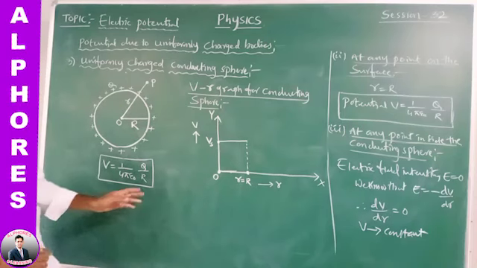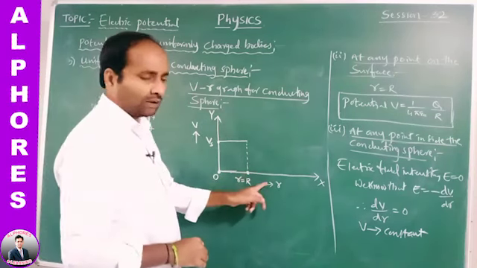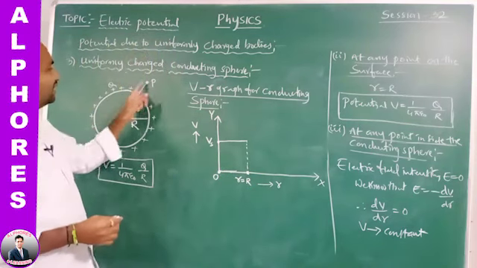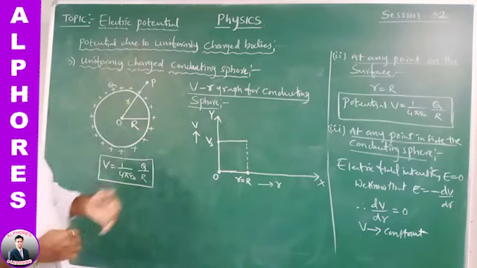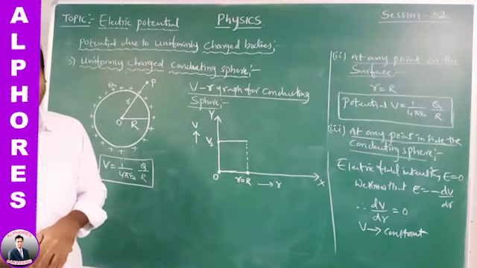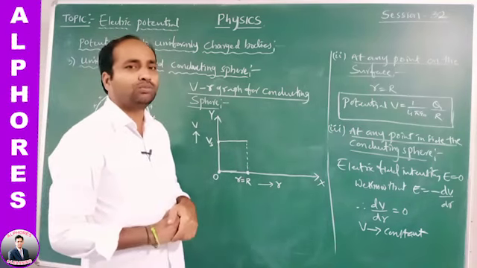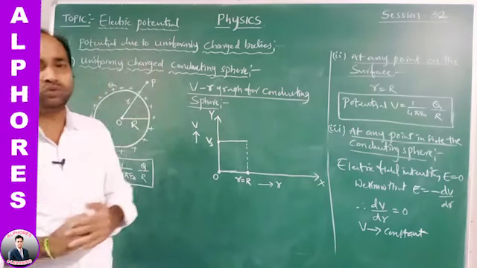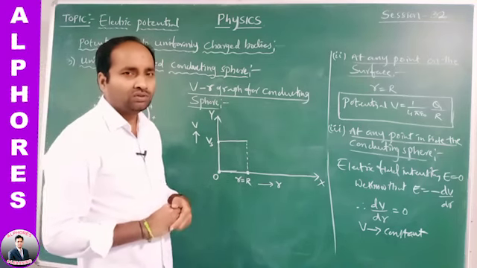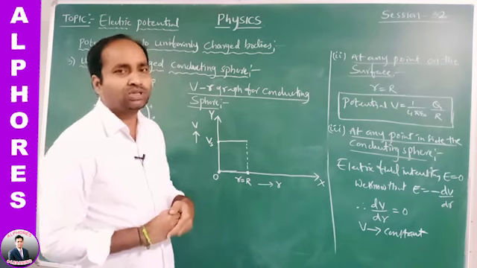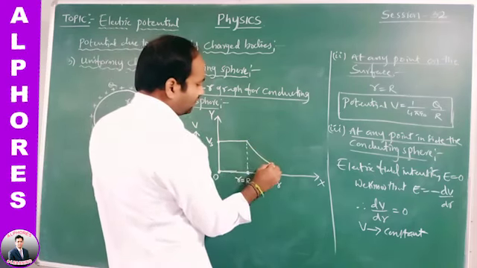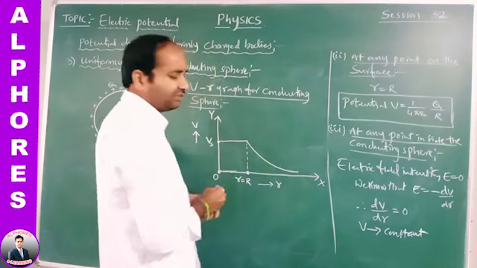Once small r is greater than capital R, that is at any point outside the sphere, the formula is 1 by 4 pi epsilon naught, Q by r. Q is constant, and 1 by 4 pi epsilon naught is also constant. So V is inversely proportional to r. When r increases, the potential decreases. The graph will be like this.